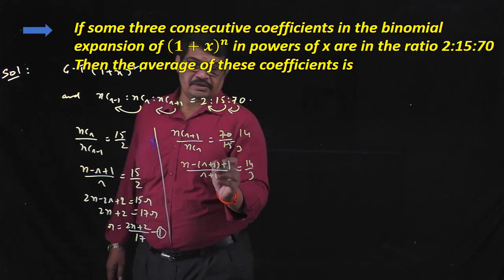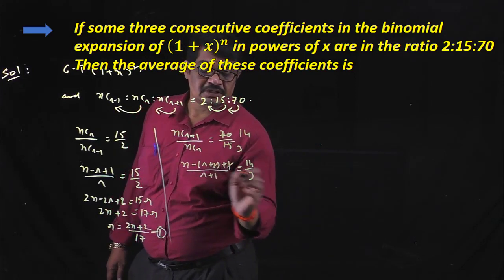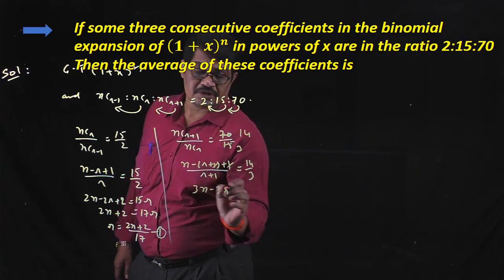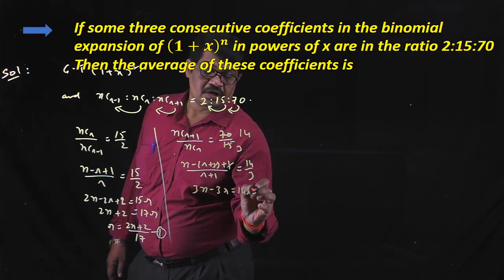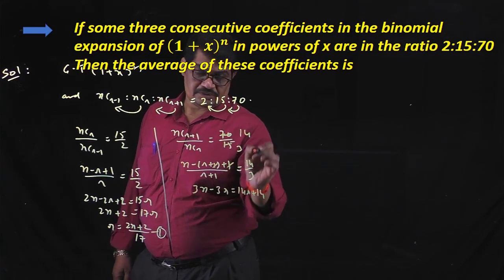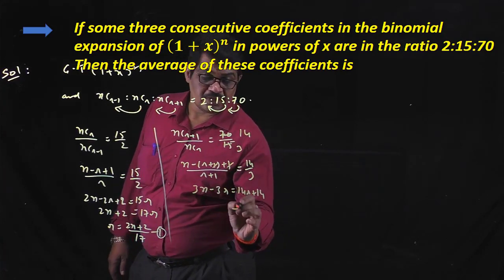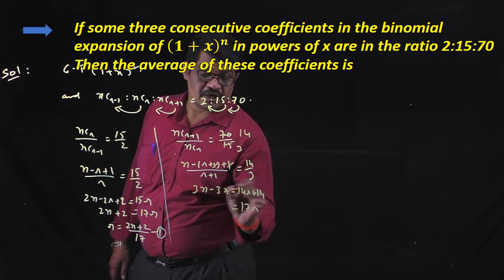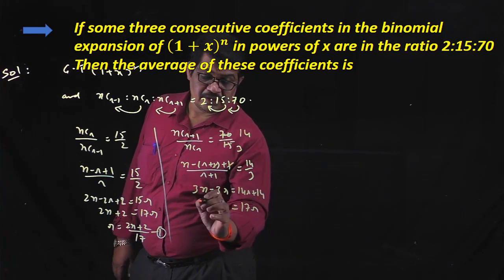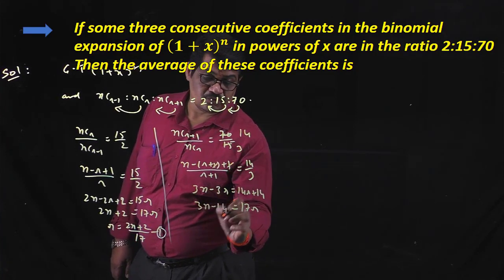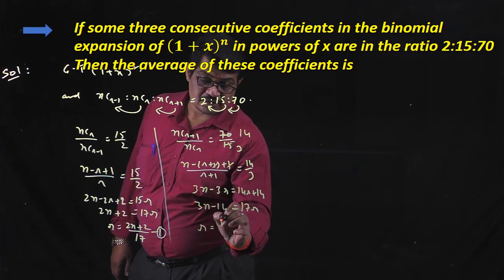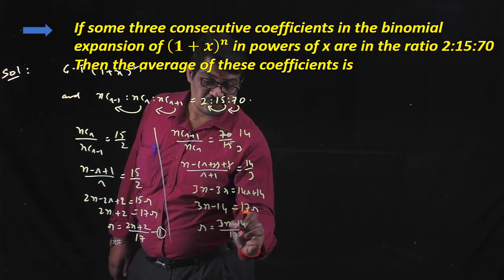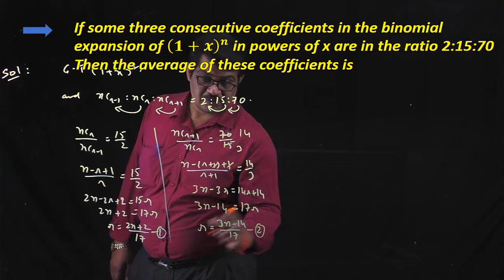From that, minus 1 and plus 1 will be cancelled. Moving to this side, 3n minus 3r. This 3 is moving to this side, that is 14r plus 14. Here r plus 1 is moving to this side. So from that we get 17r is equal to, this 3r is moving to the RHS, then 3n minus 14. From that r is equal to (3n minus 14) by 17. So that is equation 2.